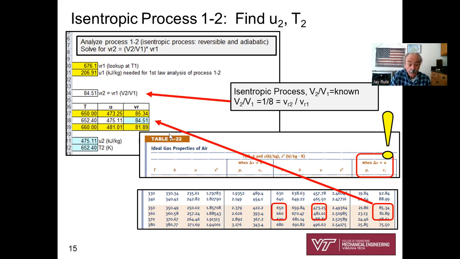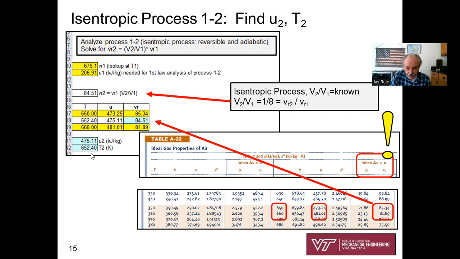So I've got to do the interpolation. I just write on paper, or in my case, Excel, a little table and do the linear interpolation to find u2, 475.11, and T2, 652.40. Does that make sense?